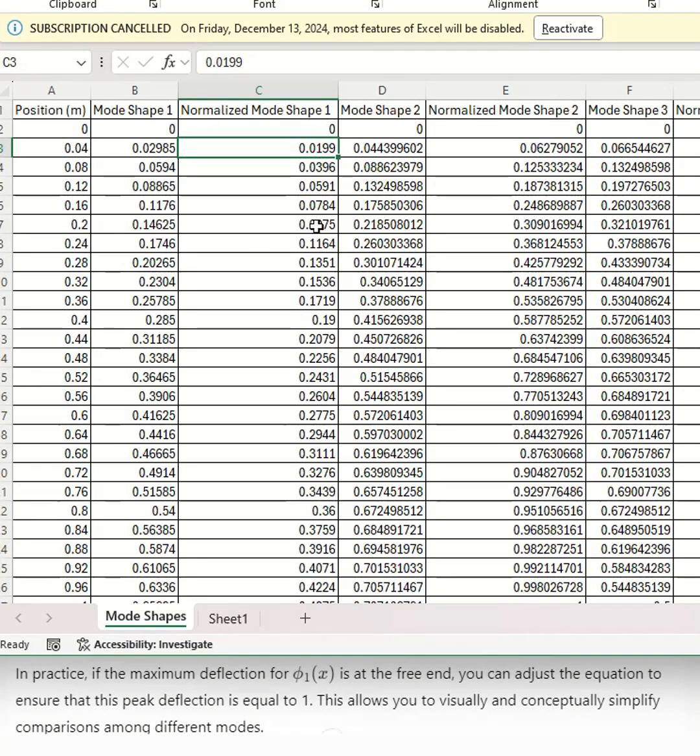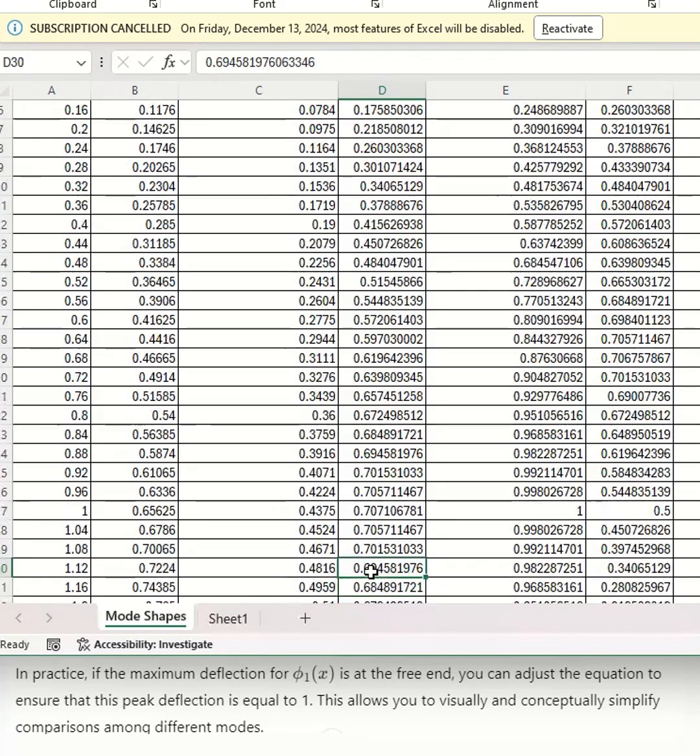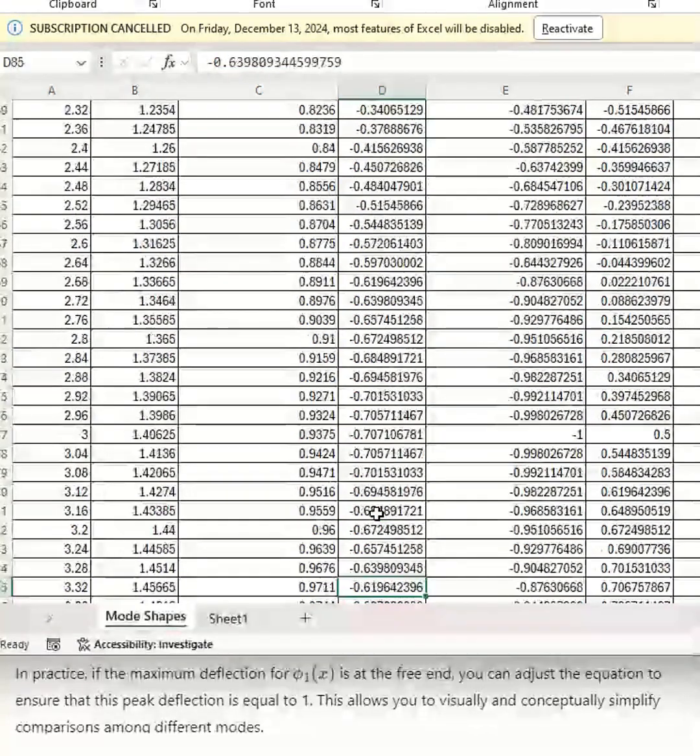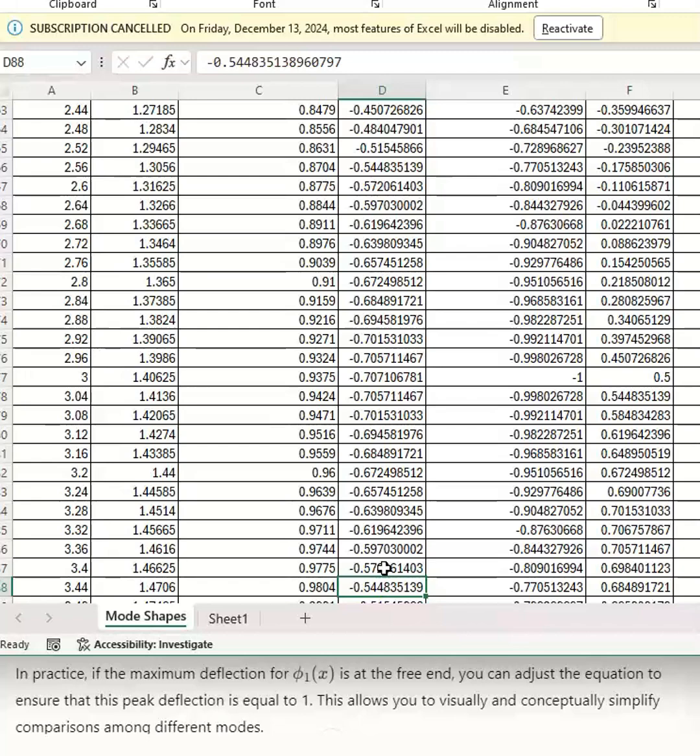Suppose it is mode 2, the maximum value becomes 0.707. Here you can see 0.707 at the distance of 1 meter, right? So that's the maximum, and then it goes to the negative also.